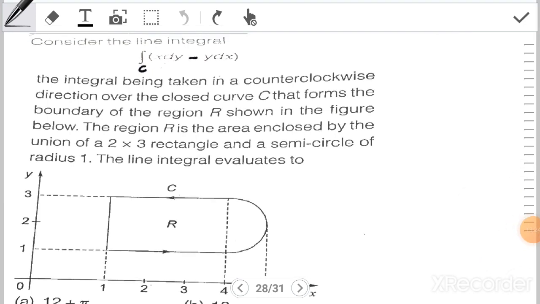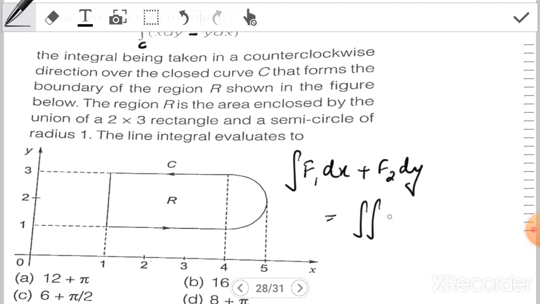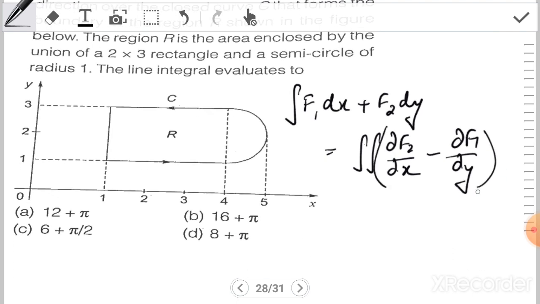Again using Green's theorem. Let us write the formula. According to Green's theorem, f1 dx plus f2 dy is equal to the surface integral of del f2 by del x minus del f1 by del y dx dy.